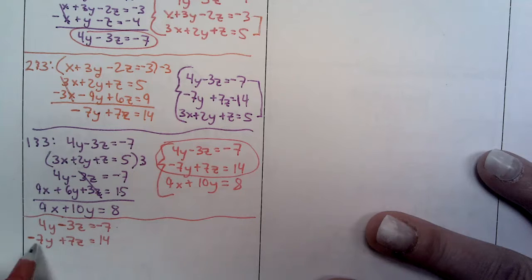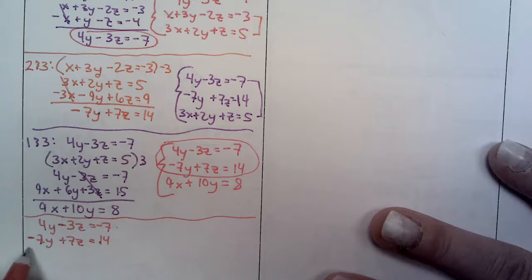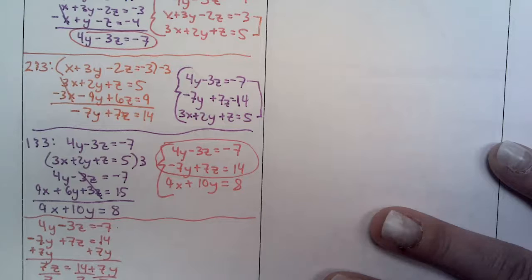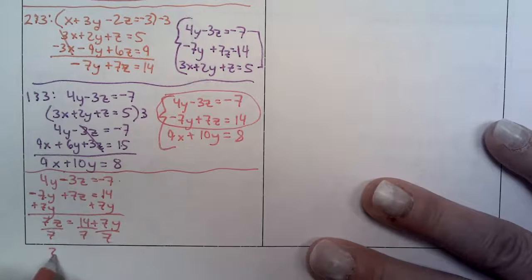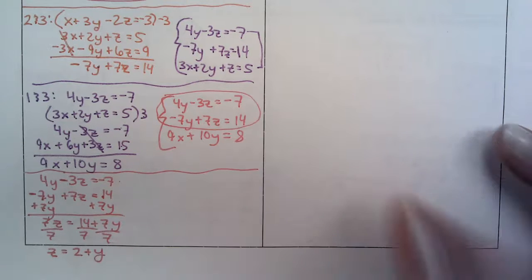Actually, this one looks like it would be easy to get rid of. So if we add 7y to both sides, we get 7z equals 14 plus 7y. And if we divide every term by 7, and that's the only reason I did this, because I saw that these would all be divided by 7 really easily. We don't want to work with fractions. So z is going to be 2 plus y.